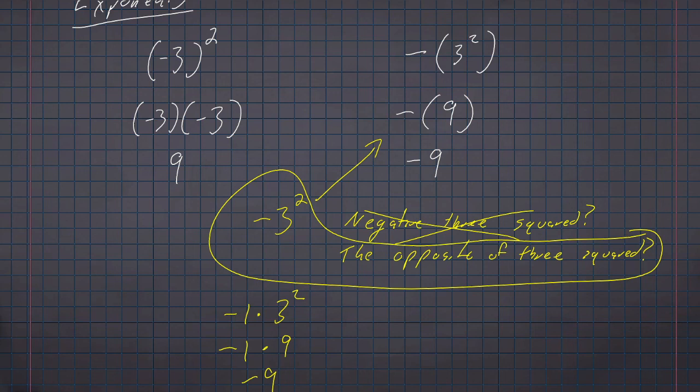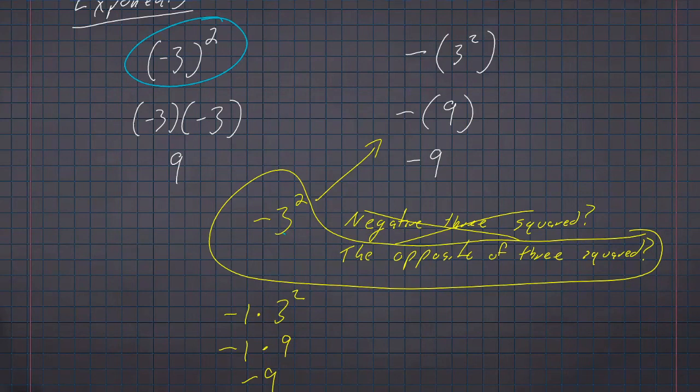Normally, when we're talking about exponents, this is what we're trying to talk about, -3 squared. But most computer programming languages, and by extension, most calculators, do not think that way. The way that computers are programmed, if you don't have parentheses around it, it interprets that result as the opposite of 3 squared.